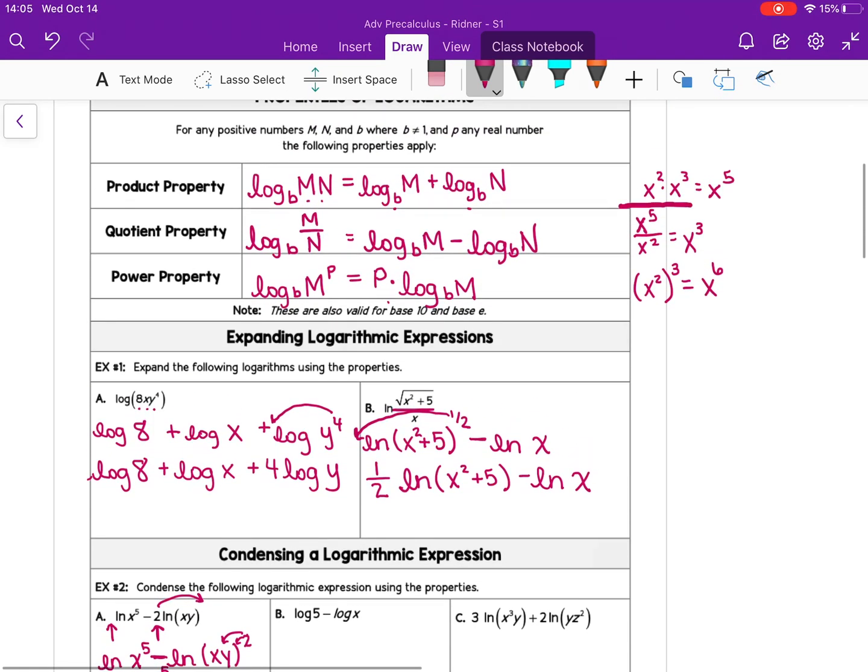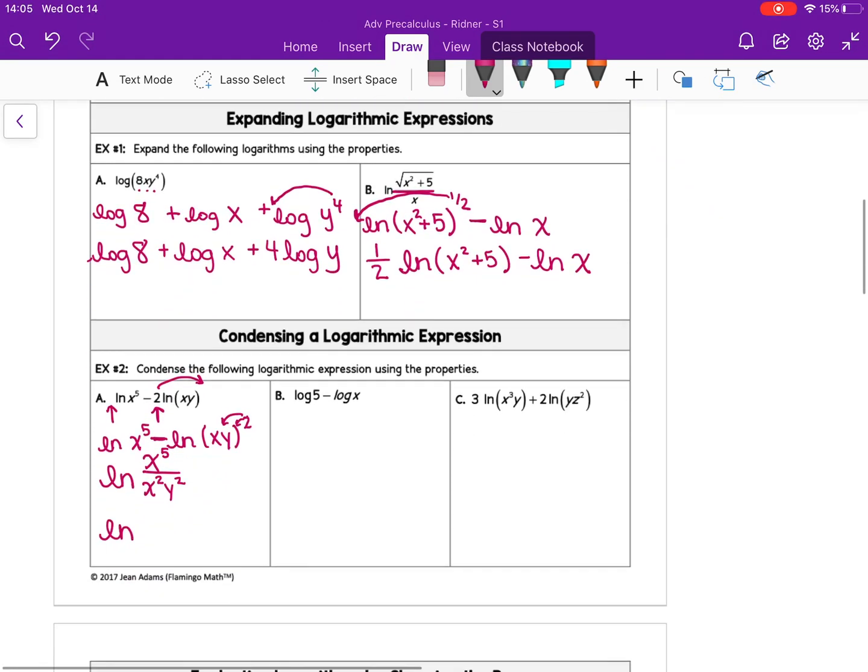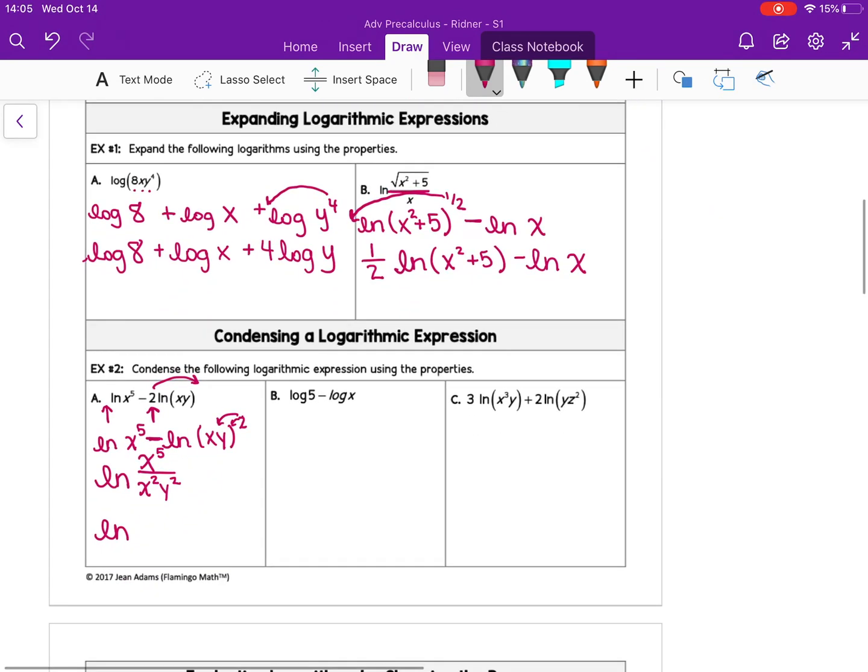I did not know this when I did it in your earlier notes, but I actually did x to the 5th over x squared earlier to know that that is x cubed, all over y squared. I now have it condensed to a single logarithm with a simplified expression.